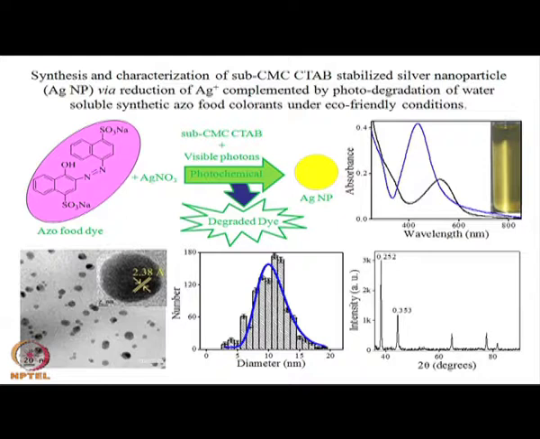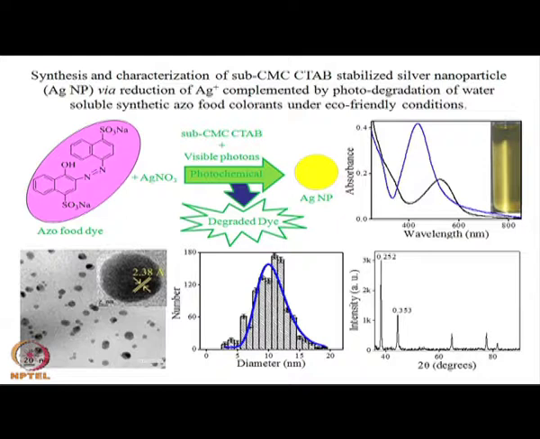And this is done by a very simple and elegant method, as I have discussed in another lecture about this azo food dye and its interaction with serum proteins. In this case, this azo food dye has a new dimension: it can be used to do the photochemical reduction of silver ion to silver nanoparticle.